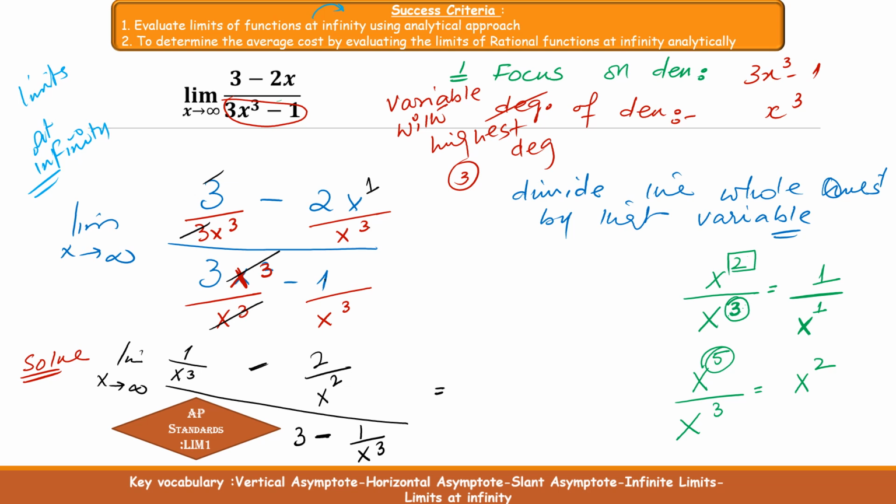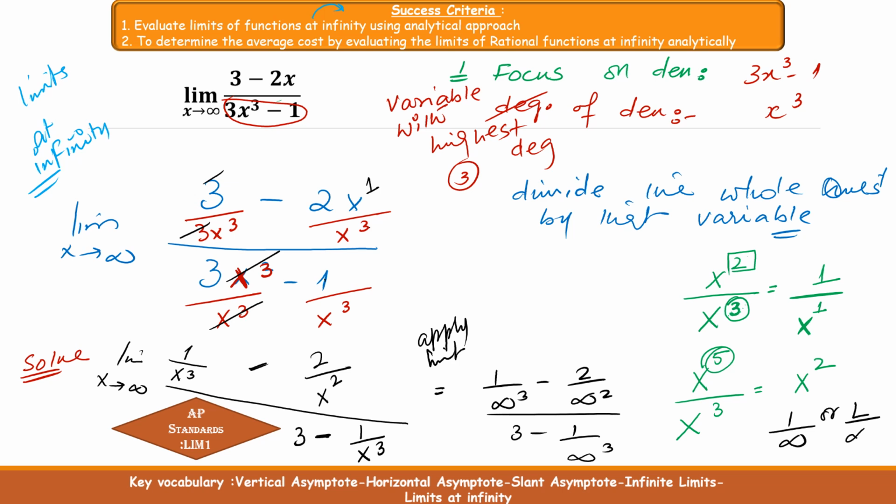Once it is done, apply the limit. The last step is apply limit. Okay, wherever you have x, replace by infinity. Now we remember the property of the limit that 1 over infinity or any number over infinity, the answer is 0.